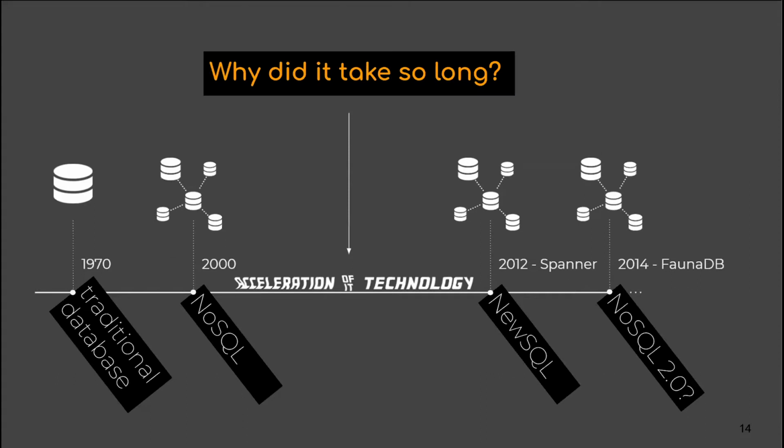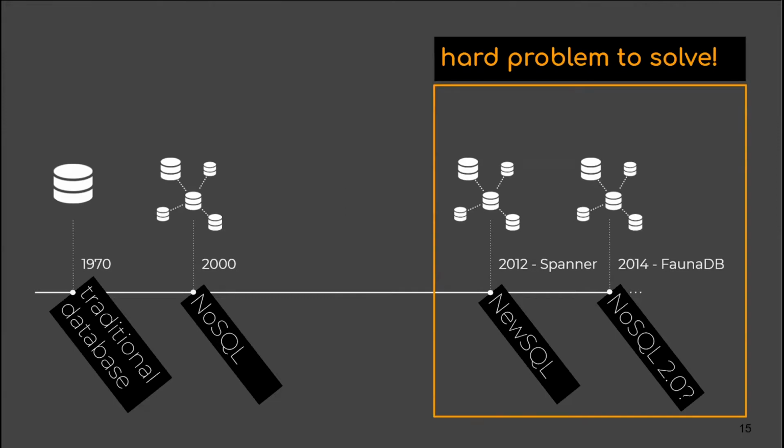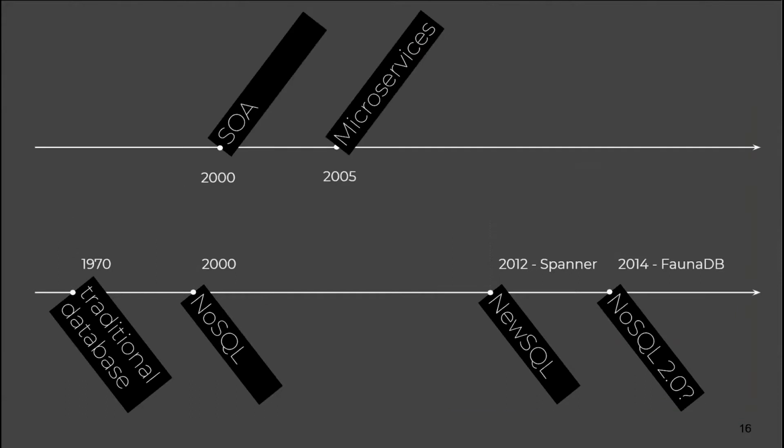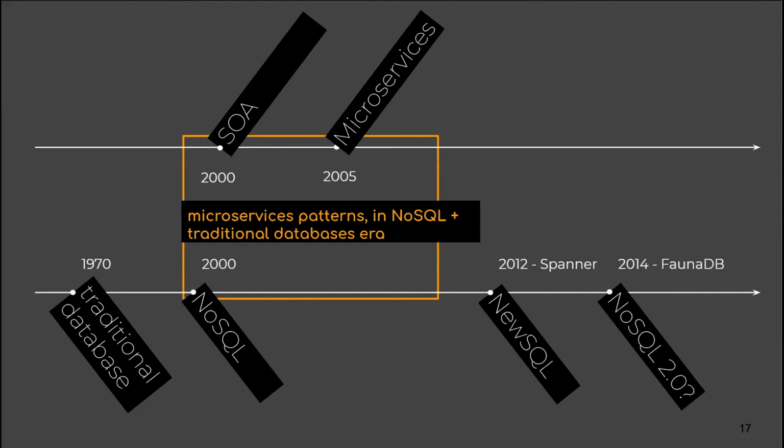Why did it take so long? And that's a question with a very simple answer. Well, it's probably the most difficult problem to solve. And if we actually put a parallel timeline on top of that, and we look at when service-oriented architectures and microservices became popular, and when these patterns were developed, then we are more or less in the NoSQL and traditional databases era.